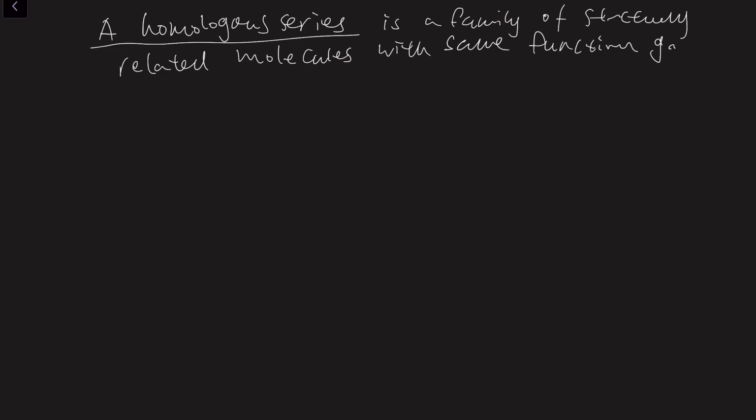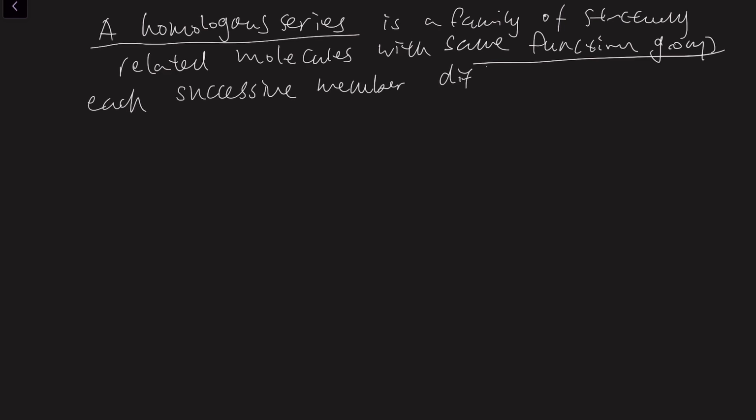So this is really important. If molecules have different functional groups, they do not belong to the same homologous series. And each successive member differs by a CH2 group.